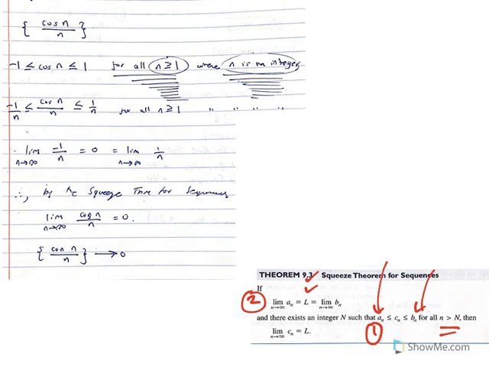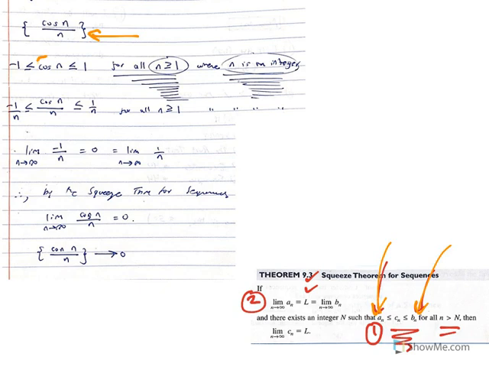So how do we show the first condition? We want to choose these two sequences so that we can find the limit as n approaches infinity for the nth term of each sequence. The sequence that we have here has nth term cosine of n divided by n.